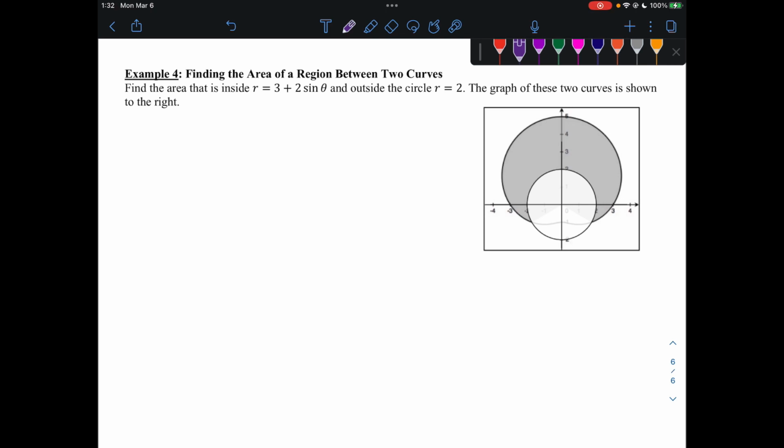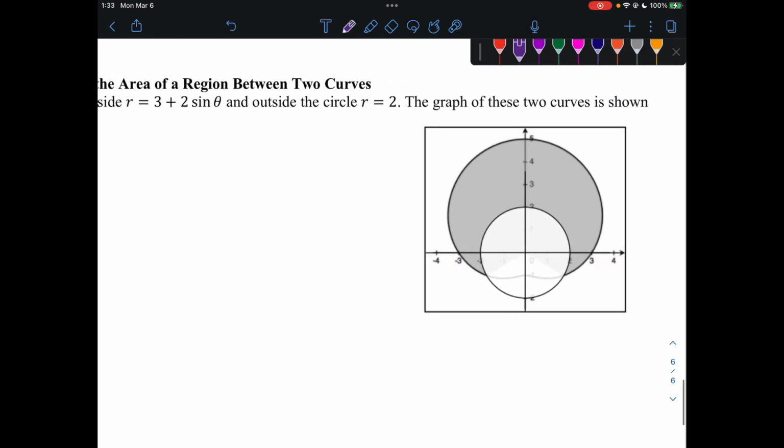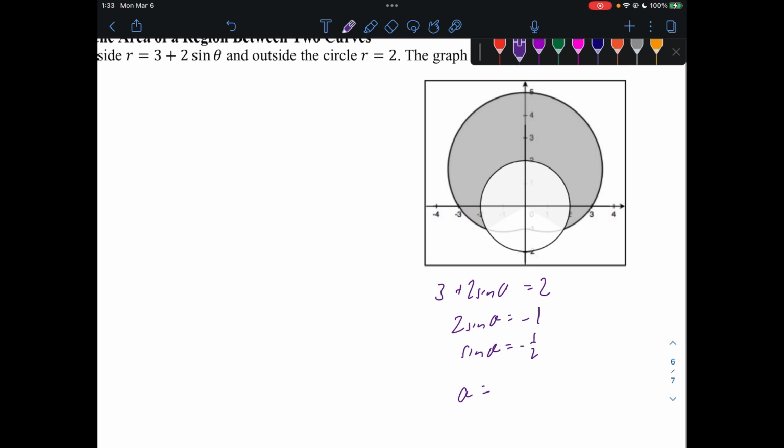Last one here. Find the area of the region between these two curves: r equals 3 plus 2 sine theta, and outside the curve r equals 2. So the first thing we should probably do is find our points of intersection here. Sine of theta equals -1/2.